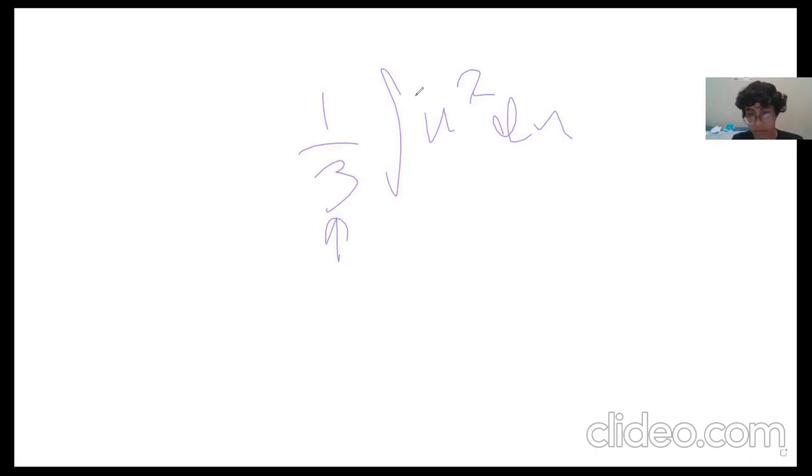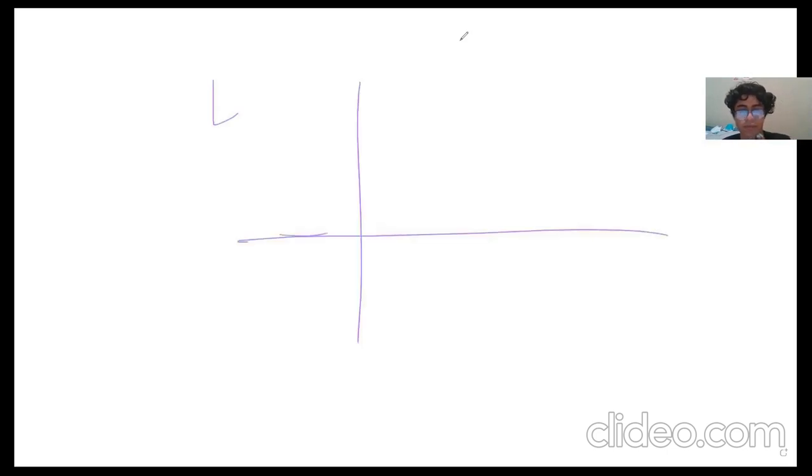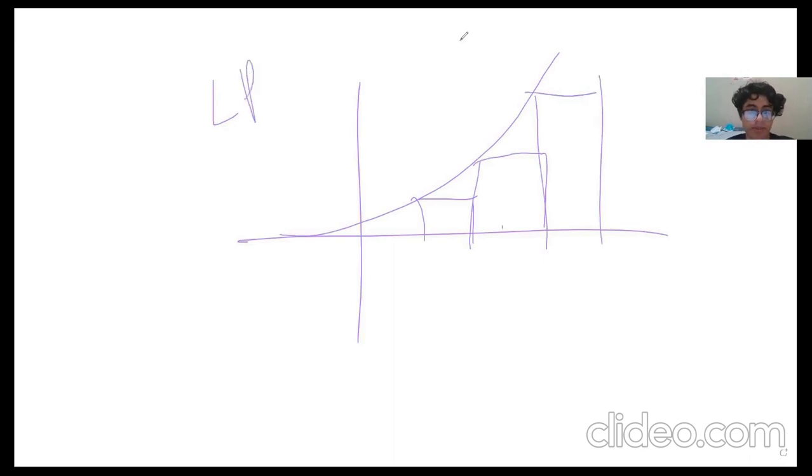The definite integral. So remember, right Riemann sum, left Riemann sum, midpoint Riemann sum, and trapezoid, right? So left, okay, let's draw a curve. Okay, left, right? And what do we know about left Riemann sum?